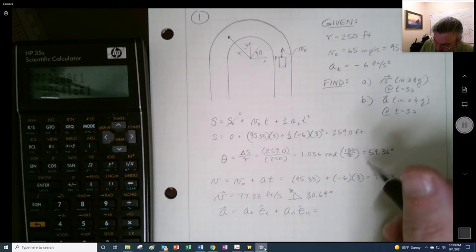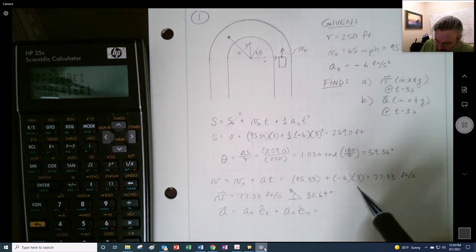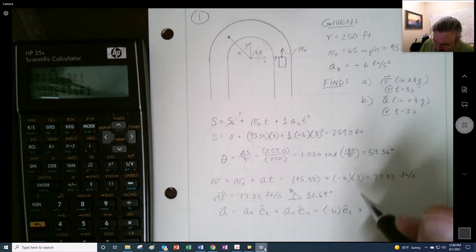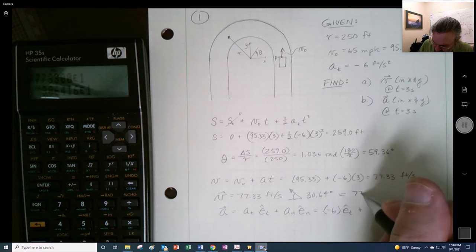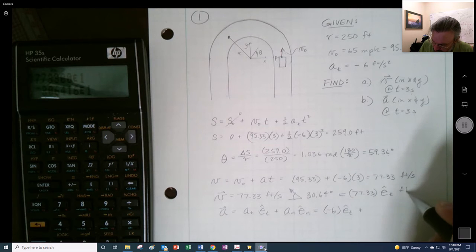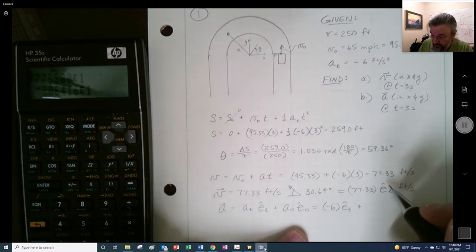Well, this one is easy because it's in the negative direction, so it's going to be -6 ET. And by the way, we could also have said this up here. I should have written this out. Another way that we could have written this was this. So coming back here, sorry for the jumping around.